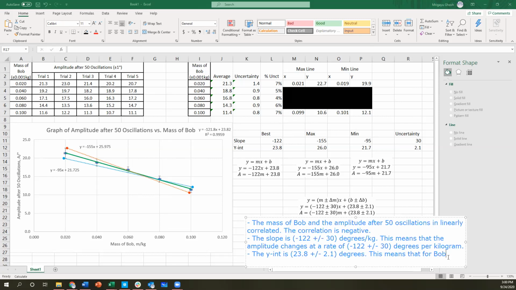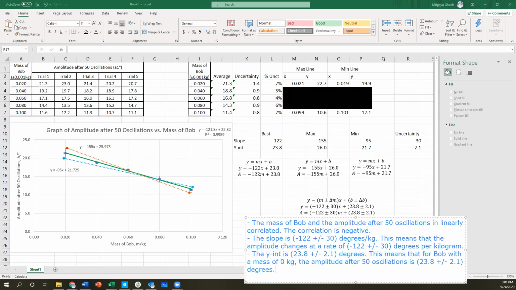This means that for Bob, let's just pretend the Bob is named Bob, this means that for a Bob with a mass of 0 kilograms, the amplitude after 50 oscillations is 23.8 plus or minus 2.1 degrees.